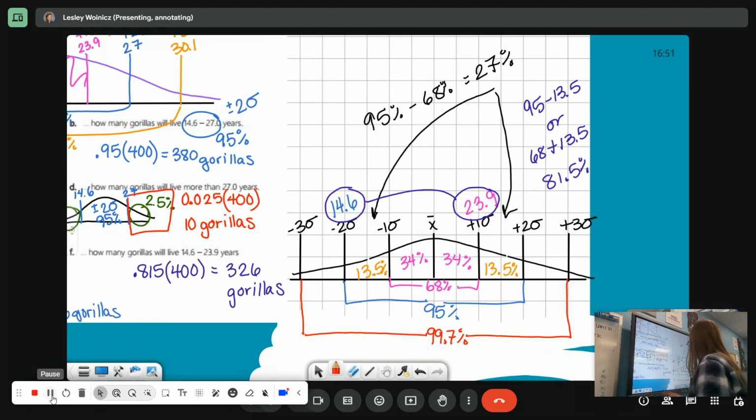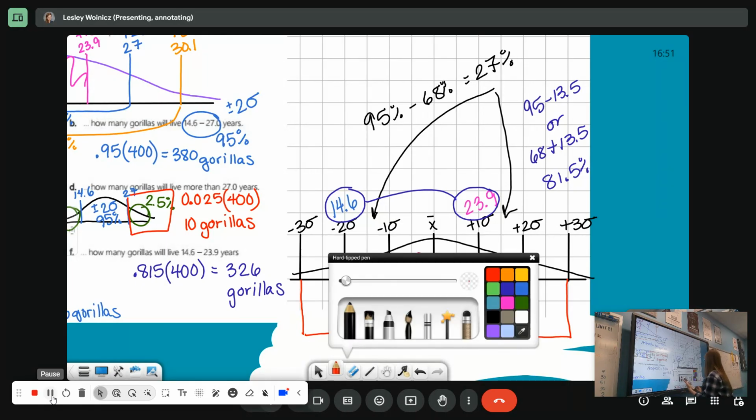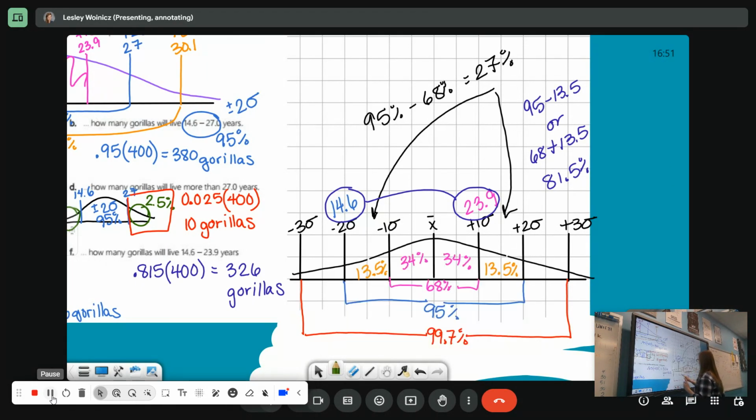Now if I take that 4.7% and chop it between these two ends, I'm getting 2.35%. So this right here is 2.35%, and this is 2.35%.